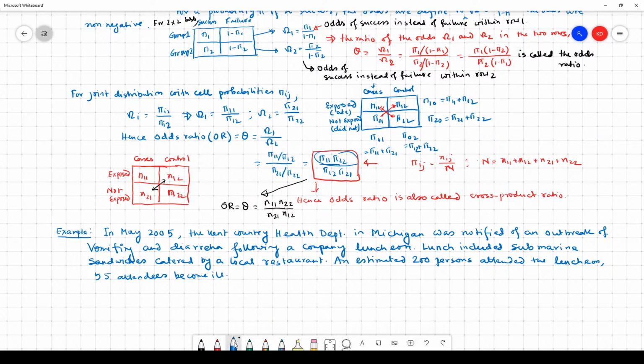So therefore, we need to perform a case control study for this. A case control study was conducted. That means among these, the case patients are the 55 attendees who became ill out of the 200 persons who attended the luncheon.